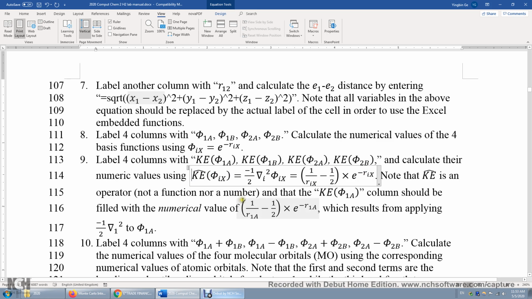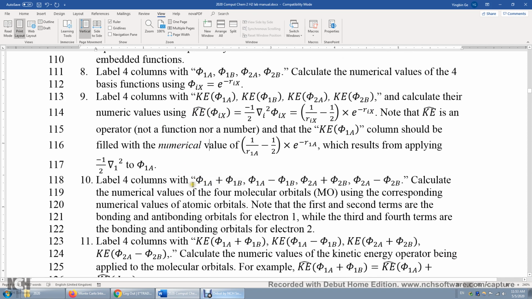All right? And it's impossible to get a numerical value from this directly, but it's possible to get a numerical value for this if we know the distance between electron i and nucleus X. So for example, if we are looking at electron 1 and nucleus A, we just plug in the distance between electron 1 and nucleus A, that's r1A here, plug it in here, plug it in here, you get a number. And that number corresponds to this kinetic energy operator being applied to the wave function.